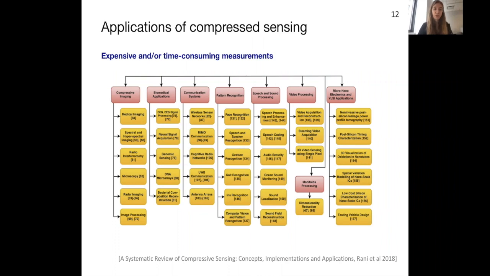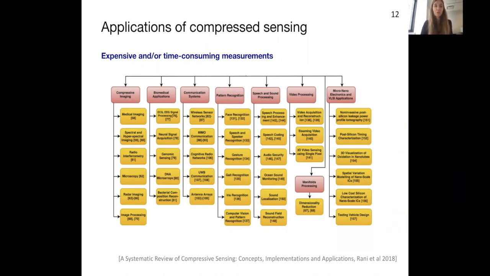I took this figure from a recent review about compressive sensing, and you can see, according to what you are most interested in, that there are many areas of application now of compressive sensing. Maybe the most famous one being medical imaging with accelerated MRI, that hopefully I will quickly hint at at the end of this tutorial.